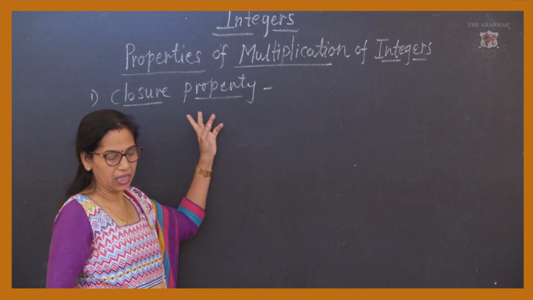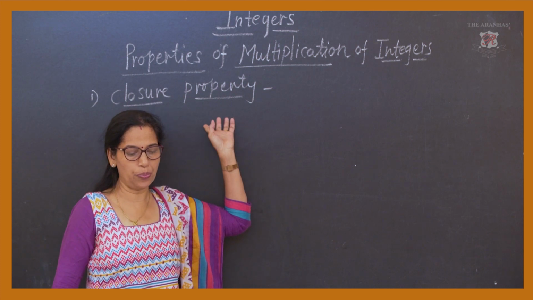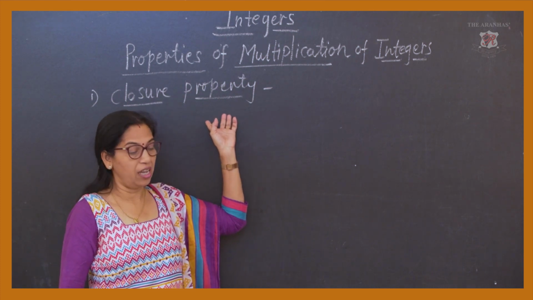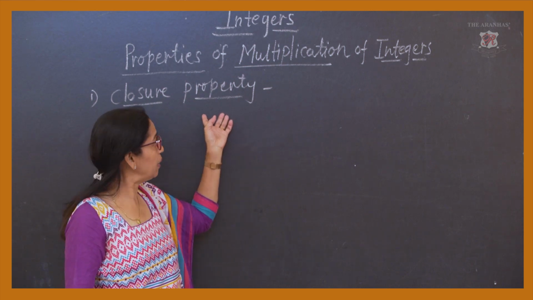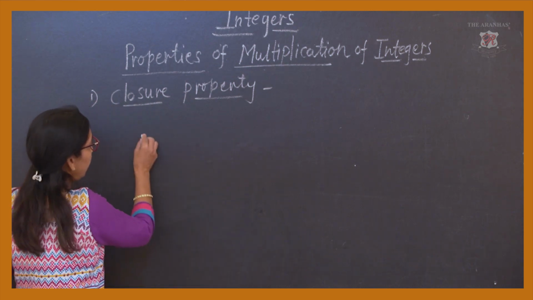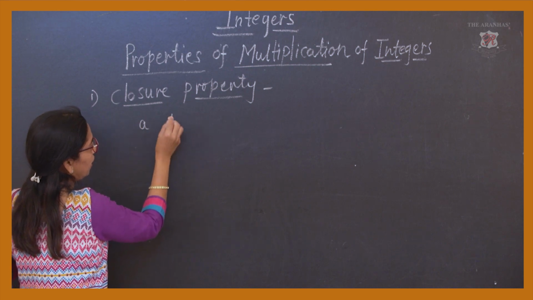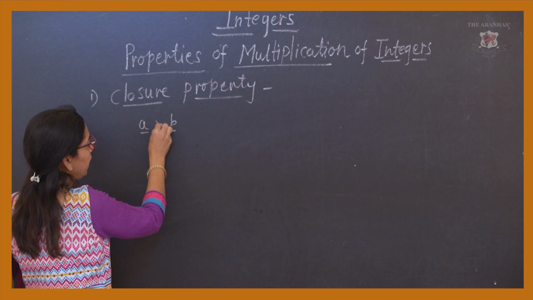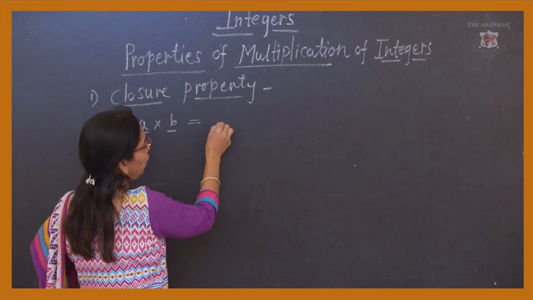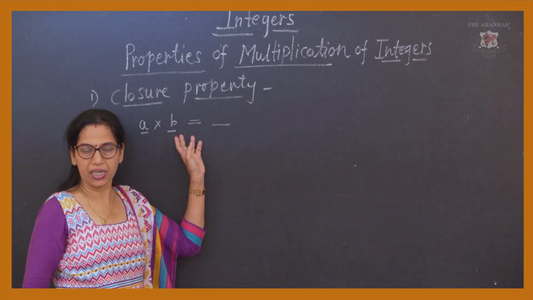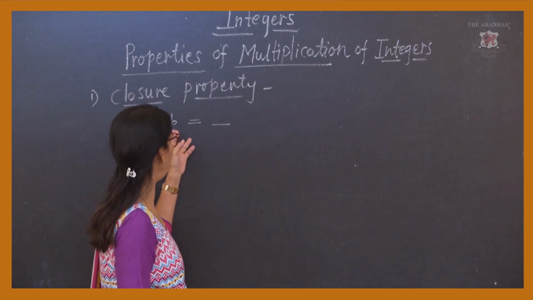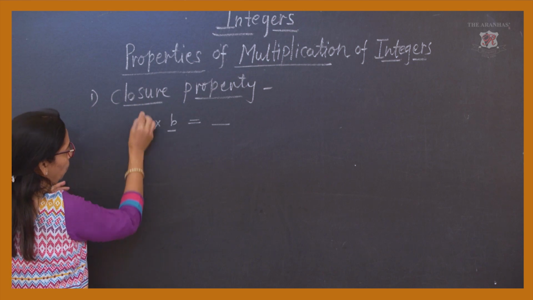When we are seeing this property of multiplication, we can say if you take the multiplication of any two integers like a and b, when you carry out the multiplication, you get an integer itself. So with an example, we will solve and check out the property.